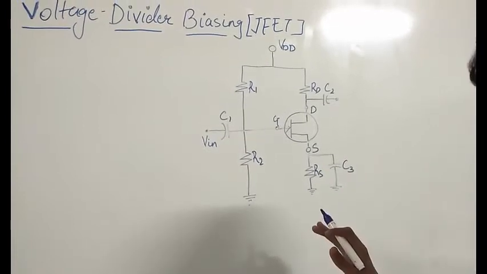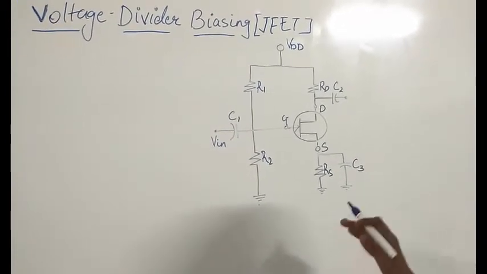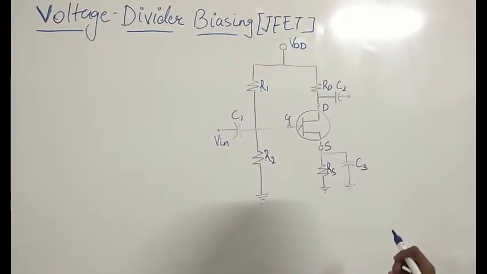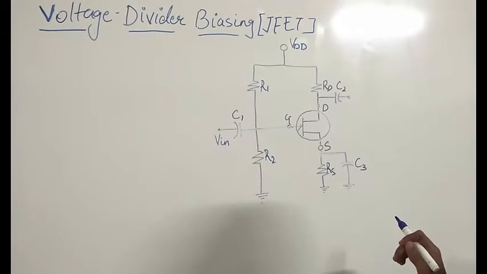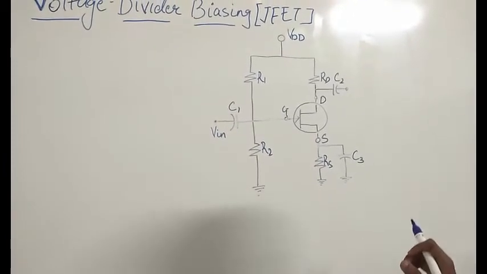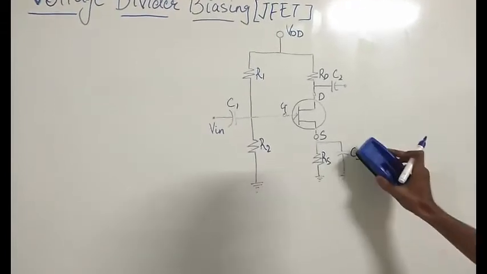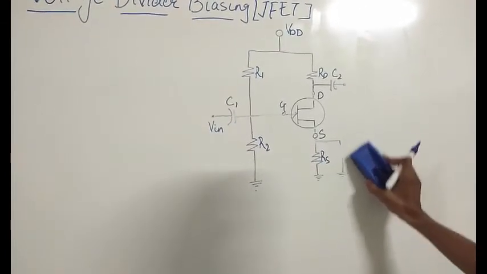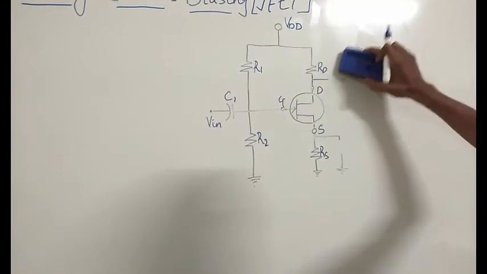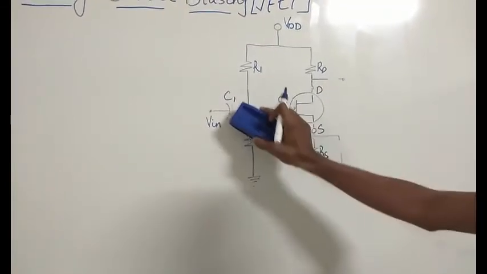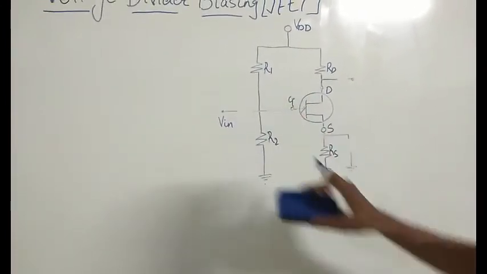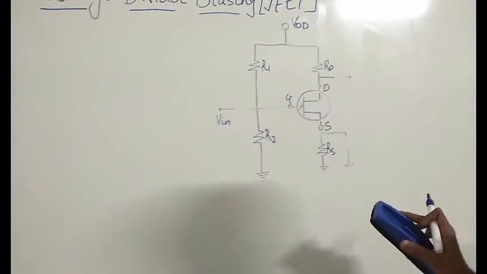As you know, for a DC signal, capacitors behave as an open circuit. So let's remove the capacitors and make them open circuit.